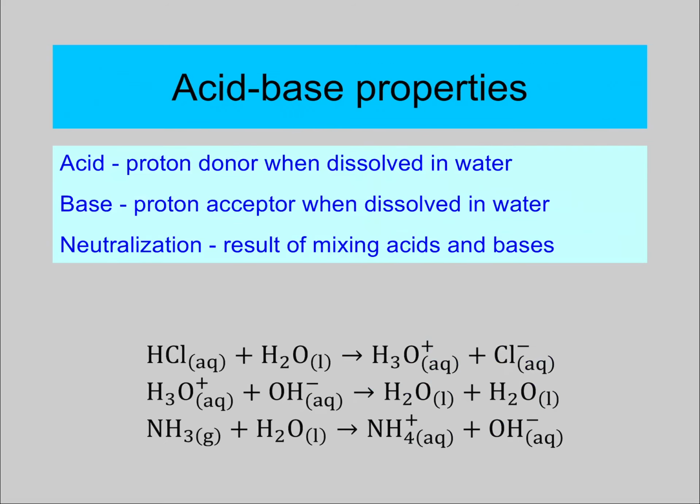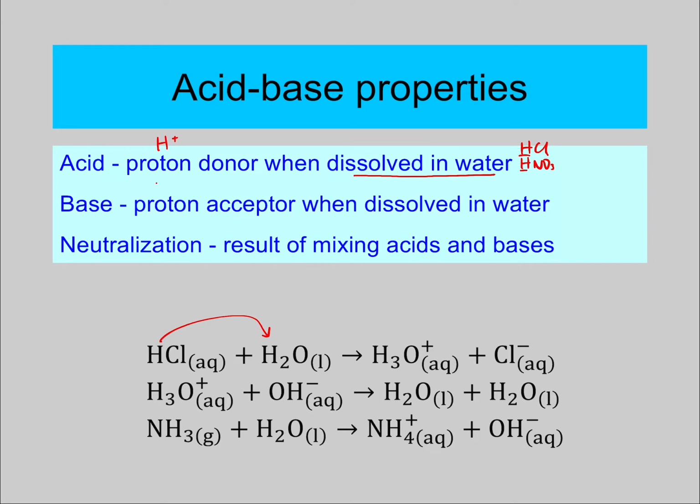So, acid-base properties. We've now defined the different properties of acids and bases. We're going to define one other thing. Acids are going to be proton donors when dissolved in water, a proton being a hydrogen with a plus charge. So when I take something like HCl or HNO3, which were examples on the previous slides, they're going to donate that hydrogen to the water.